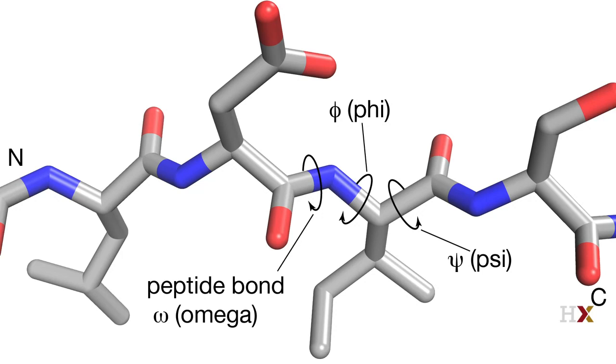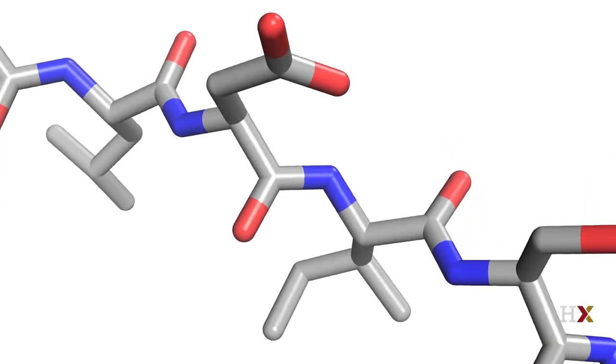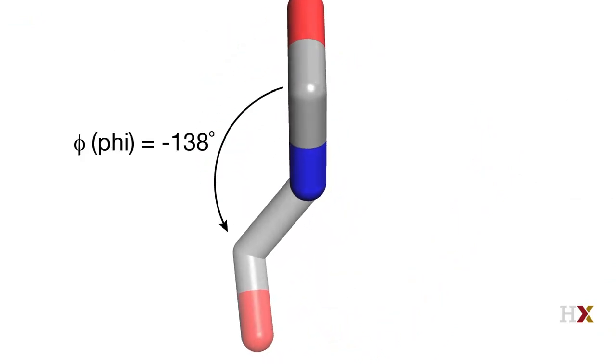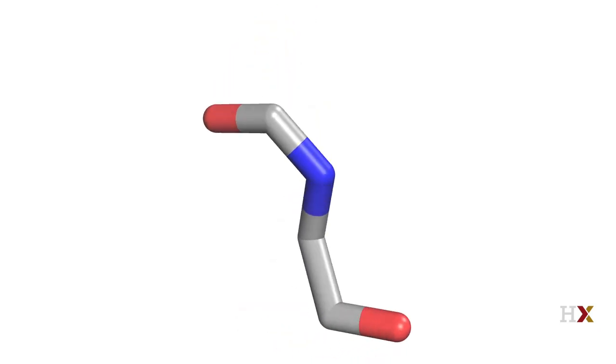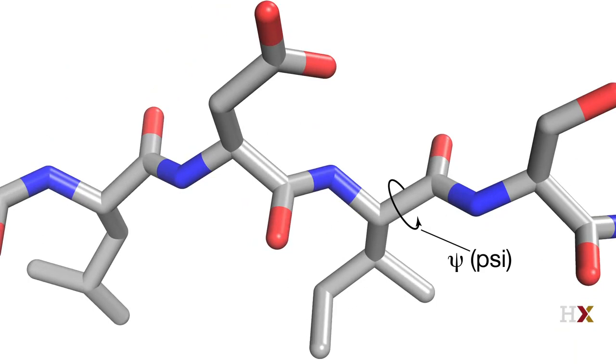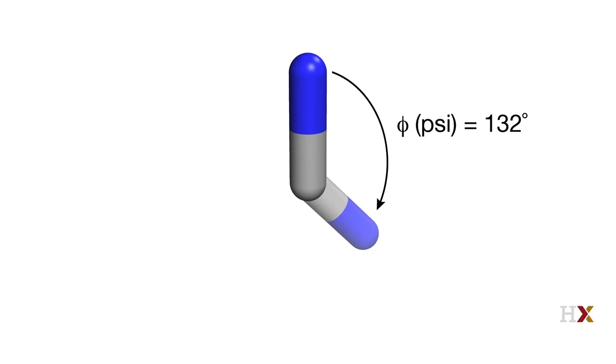Let's see how the phi and psi angles are measured. To measure the phi angle, you look down the length of the nitrogen to C-alpha bond from its most N-terminal end, and then you measure the angle between the 2 carbonyl carbons. Similarly, to measure the psi angle, you look down the length of the C-alpha to carbonyl carbon bond from its N-terminal end, and then you measure the angle between the 2 nitrogens.